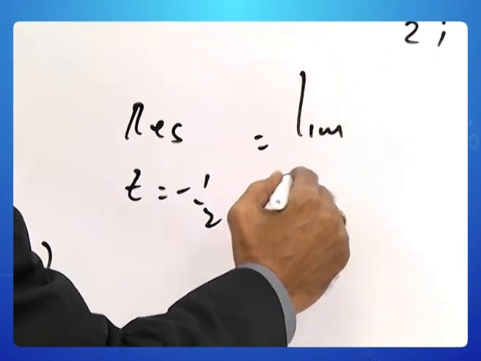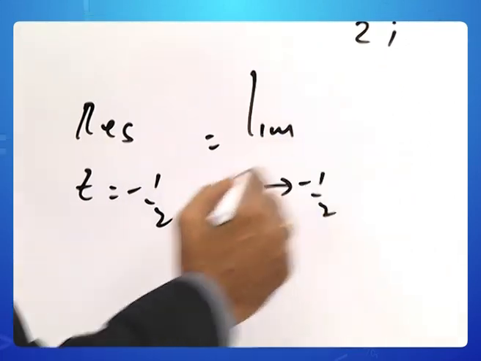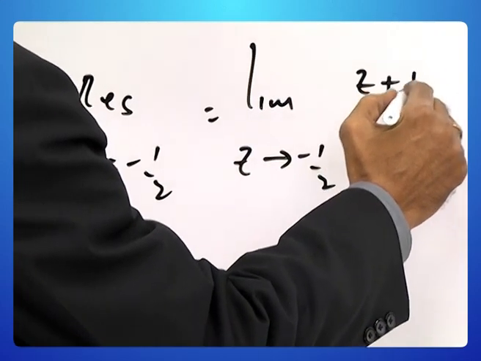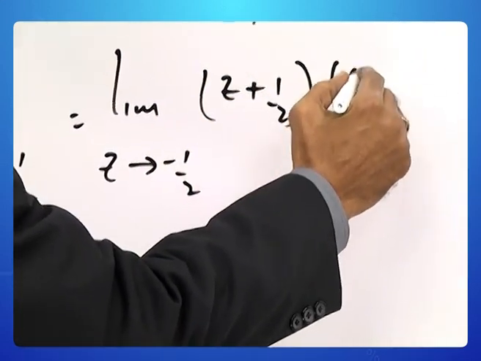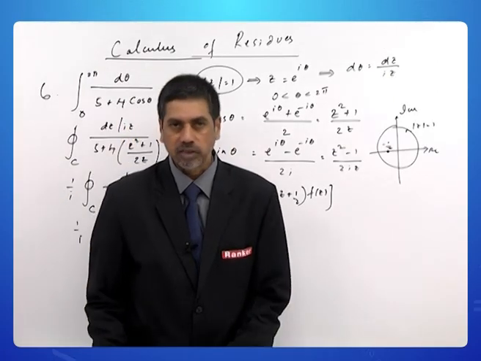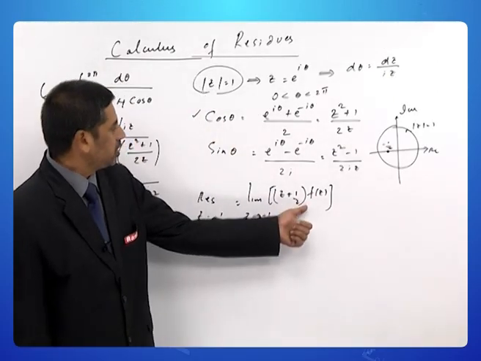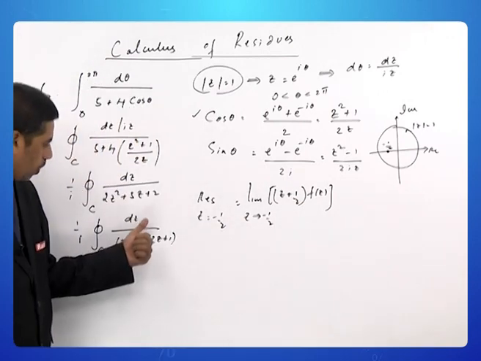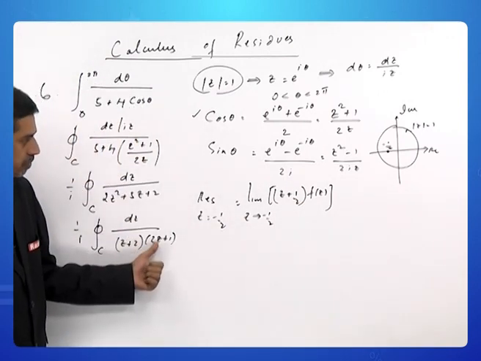This will be the limit as z tends to minus half of z plus half into the function. f of z, as you can see, is 1 by z plus 2 into 2z plus 1.